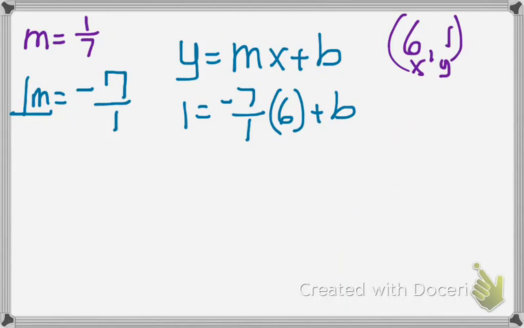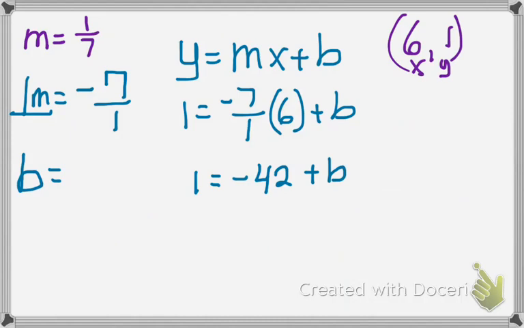Now, if you remember finding parallel and perpendicular lines, we need to find the slope first, and then we can use that information to help find a y-intercept, a b. So 1 equals -42, because it is what it is, plus b.